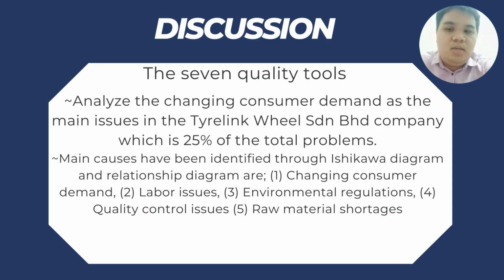The main causes identified through the Ishikawa diagram and relationship diagram are: the first one, changing consumer demand; second one, labor issues; the third one, environmental regulations; the fourth, quality control issues; and the fifth is raw material shortage.